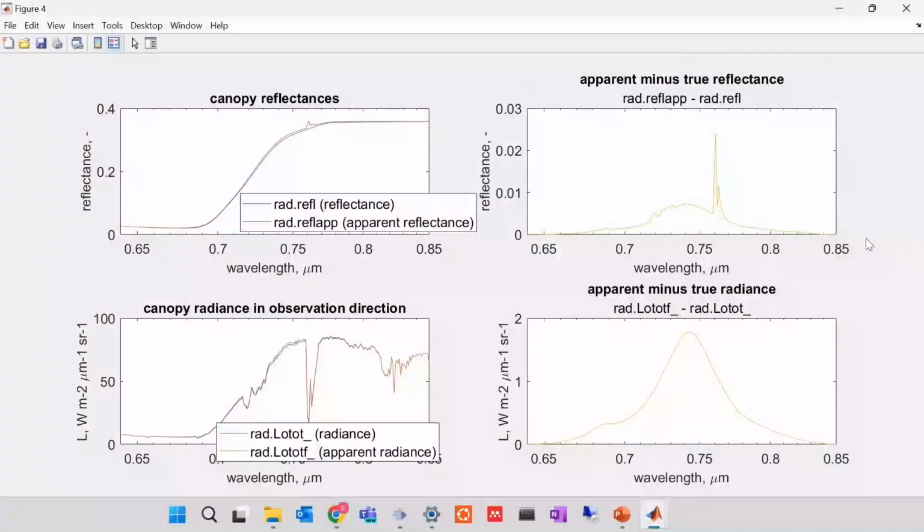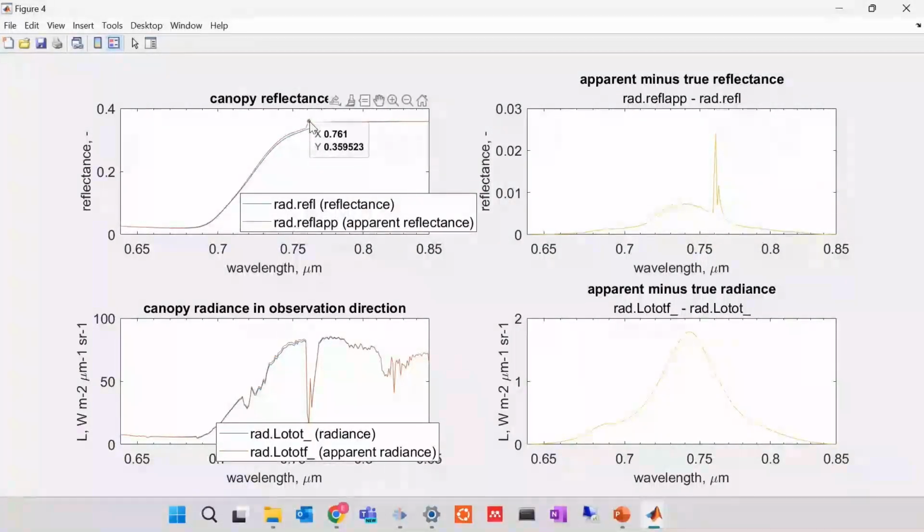And the final output I would like to talk about is this apparent reflectance and apparent radiance. So if we exclude the influence of fluorescence, we will see reflectance and radiance presented here in the blue curve. But the fluorescence gives extra outgoing light that was not in the incoming spectrum, and that's how it's retrieved from the sensors.